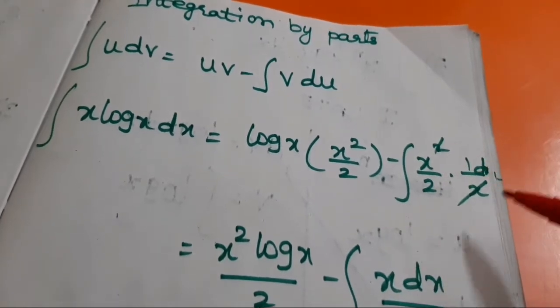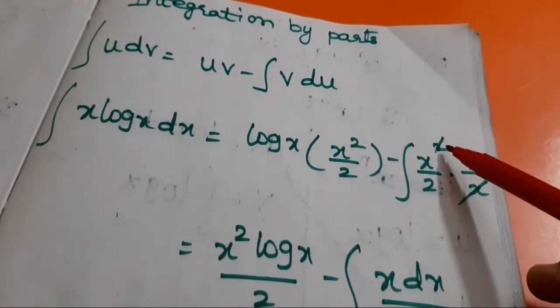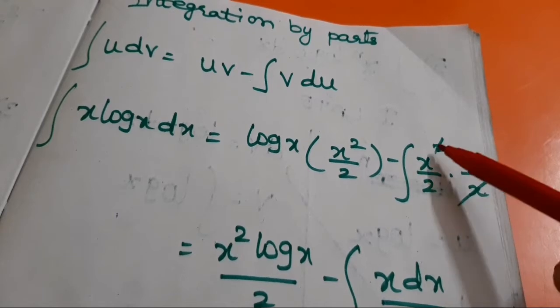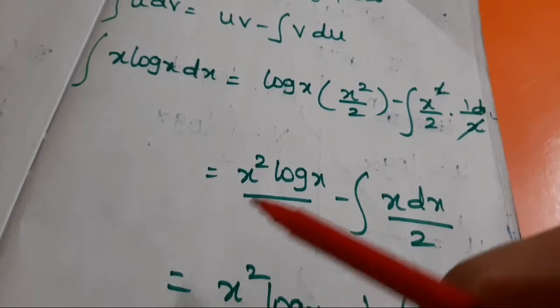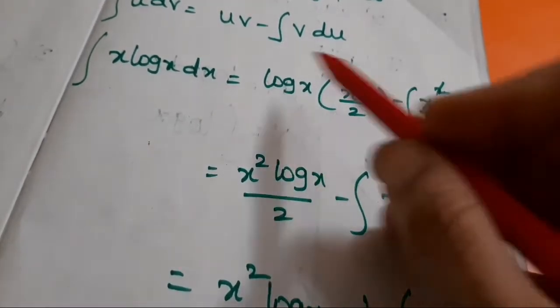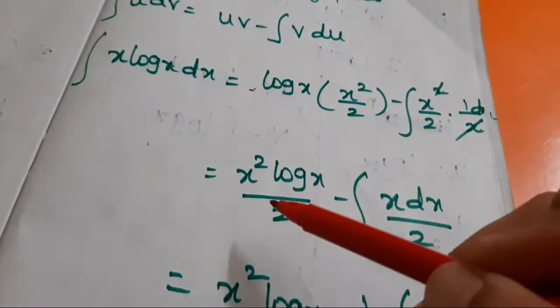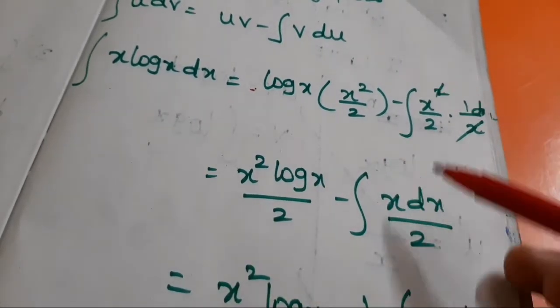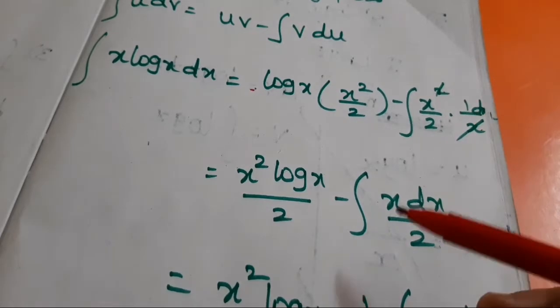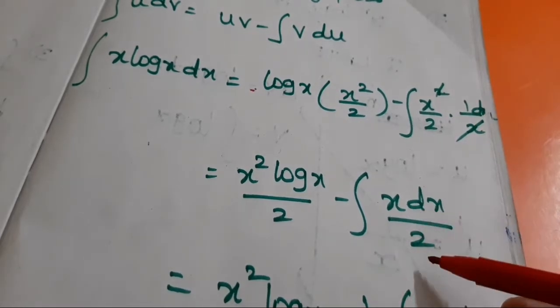So, this numerator x and this denominator x one time will be cancelled and we have x square by 2, I can take here before log. So, x square log x by 2 minus, here one time x can be cancelled, so x dx by 2.